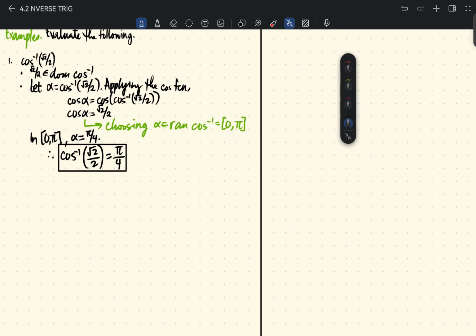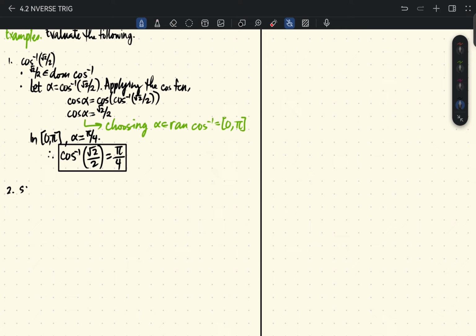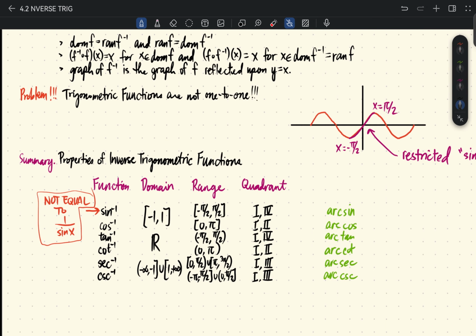So let's have another example. For the second one, let's look for sine inverse of 1. So same technique. First, check if this one is inside the domain of sine inverse. So the domain of sine inverse is negative 1 to 1.